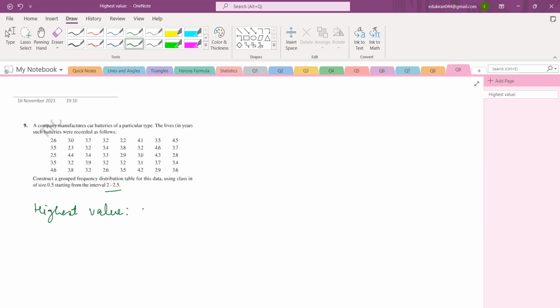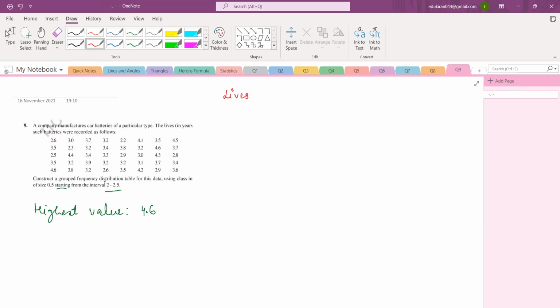Sure, everybody? Yes, ma'am. I think it should be 4.6. I cannot see anything more than this. Lowest value you can write, but it's not required because he's already saying that you have to start your class intervals from 2. Fine. It's already given in the question. Let's move, do it.